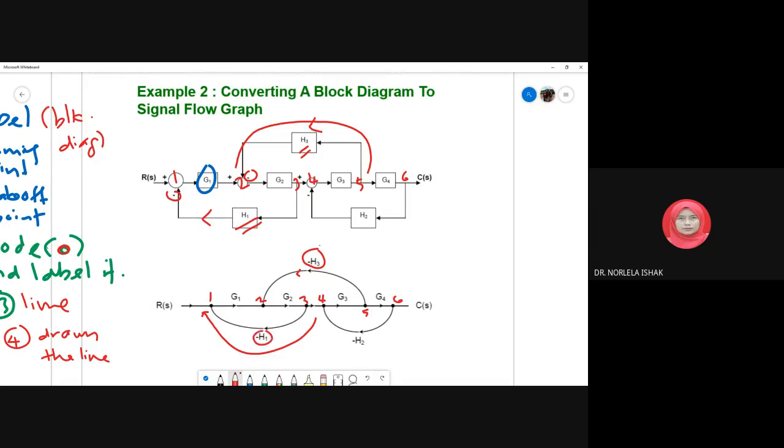So you dapatlah ni, minus H1. Okay? So how about H2? 6 to 4. Yes, very good. 6 to 4. Label dia H2, but this is a minus. So kita letaklah minus kat sini. Okay. This is the way how to convert a block into signal flow.